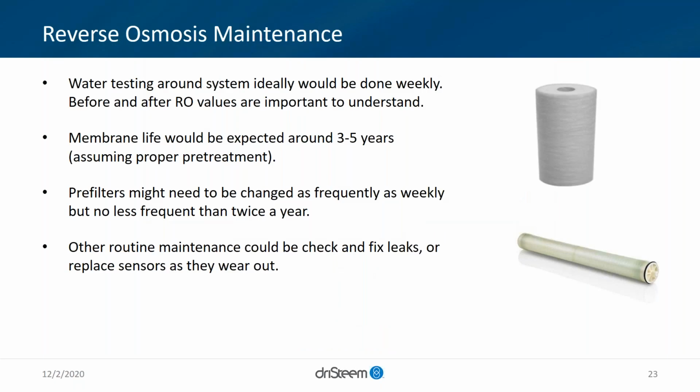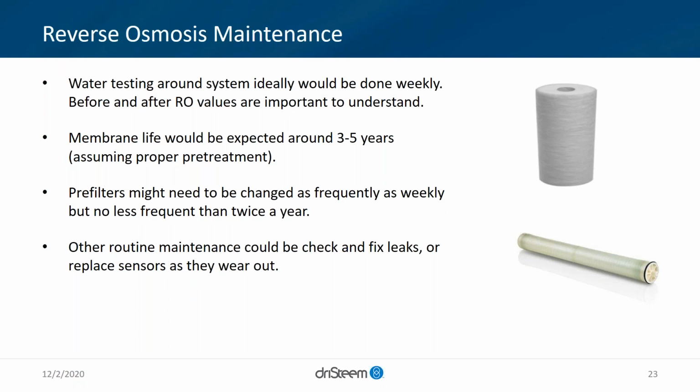So some maintenance. What's required for RO maintenance? Really understanding the water quality and how it's running is probably one of the biggest things. In an ideal world, I'm sure if it's a critical process, this is being done daily. Power plants that use RO and then they go one step further to DI water, check their water daily.